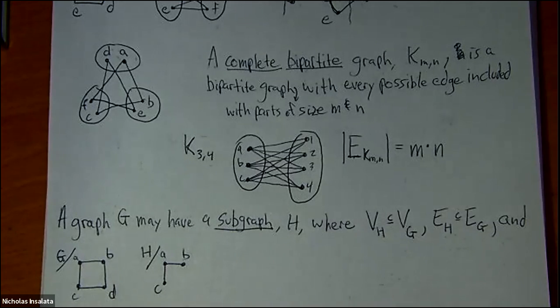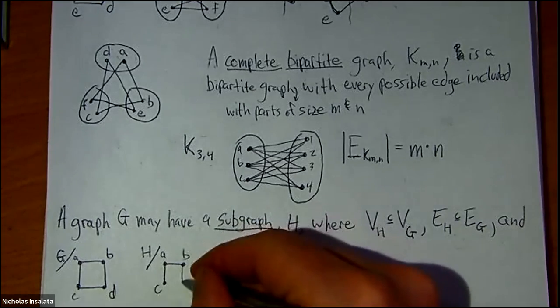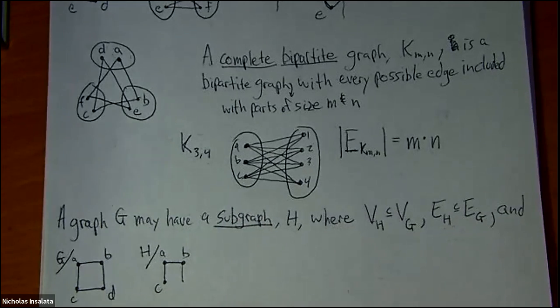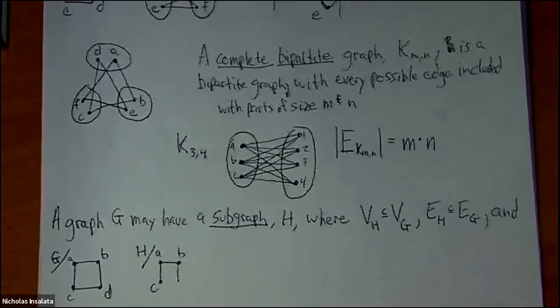A subgraph is a part of the graph, right? But what I can't have is this situation, right, without a D on there, right? Because maybe I include in the edge set for H the edge BD, but I didn't include the vertex D, right?